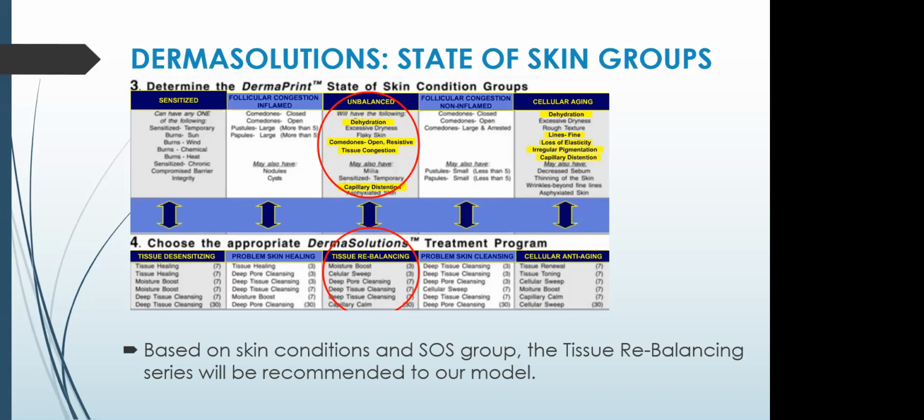Now, if they cannot do those days, you will spread them out based on what they can do or what they can afford as well. So here's a completed Dermaprint form. This is what it should look like when you are completely done. You've highlighted and determined your skin type. You've highlighted and determined all of your skin conditions.